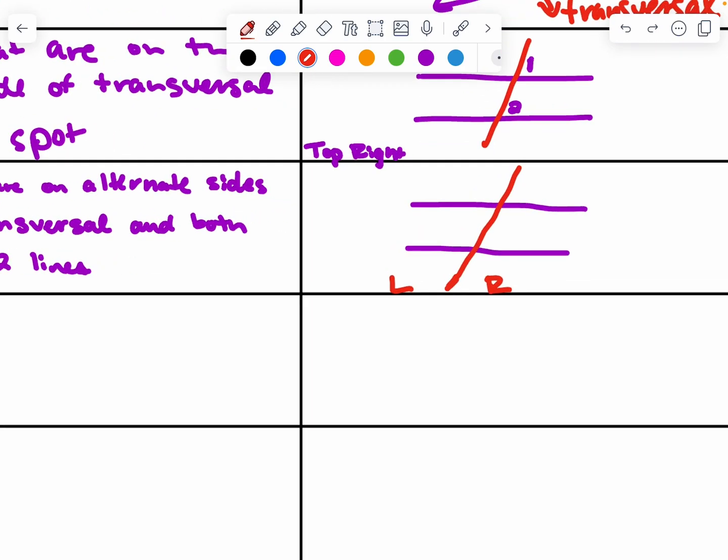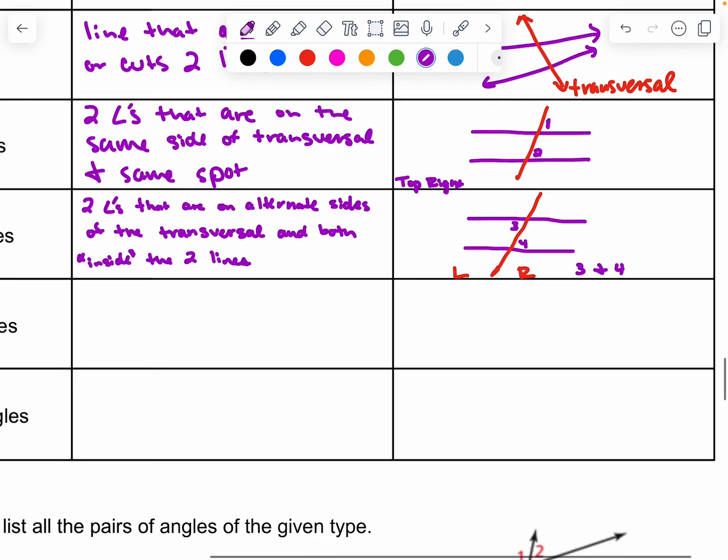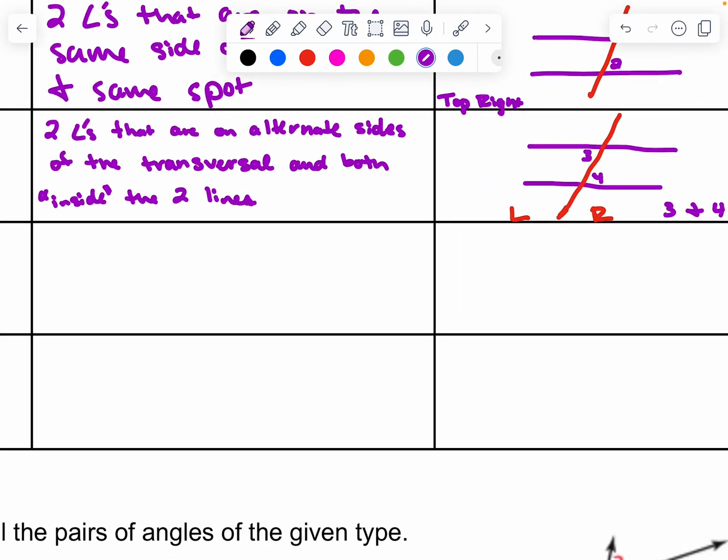So I would have 3 and 4. You could also have them on the reverse way. Totally fine. We'll talk about that in a little bit, so don't worry about that. Alternate exterior angles.